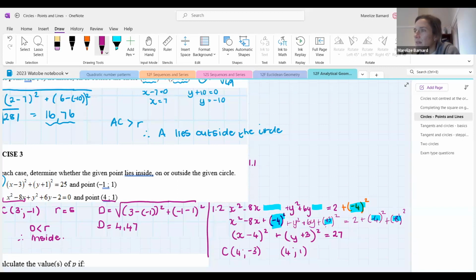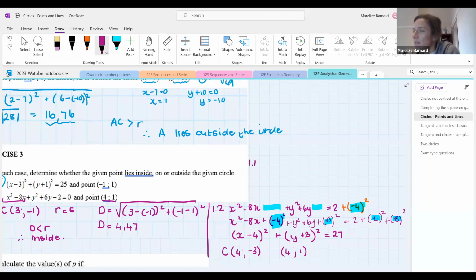You divided 16 by 2. Where is the 16? No, when you complete the square, the only thing you divide by 2 is the coefficient of x and the coefficient of y.